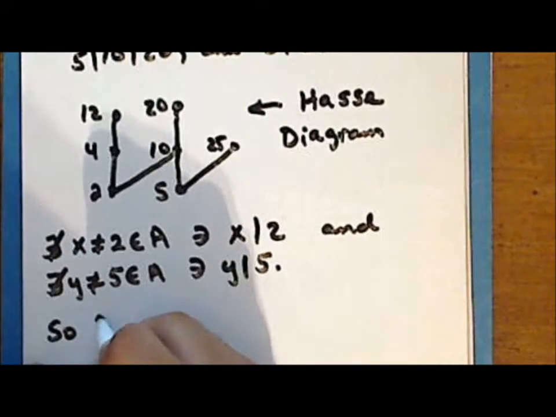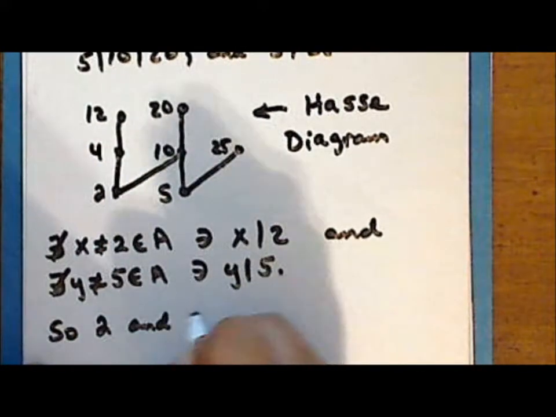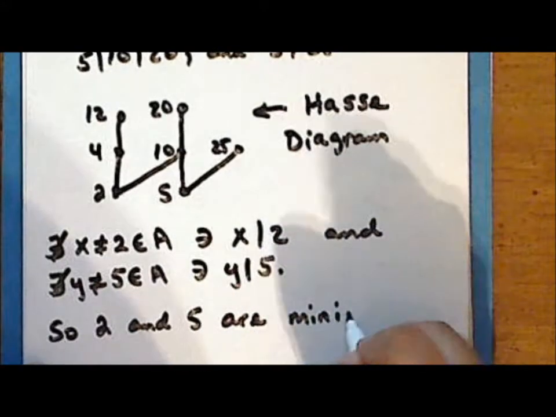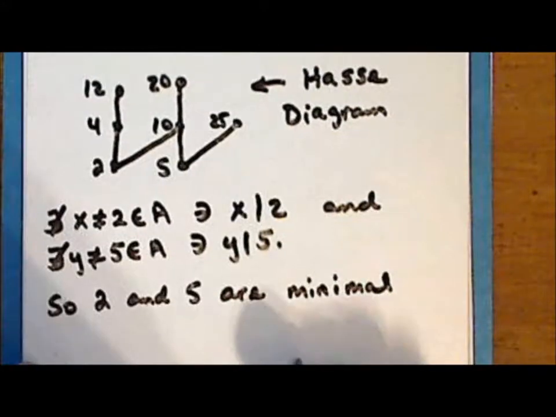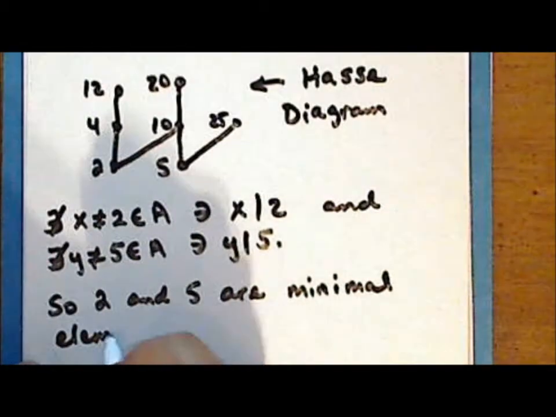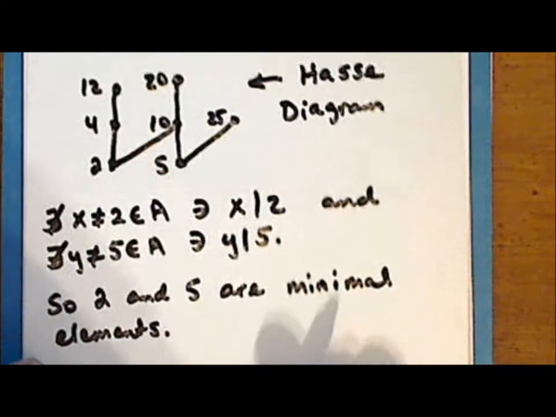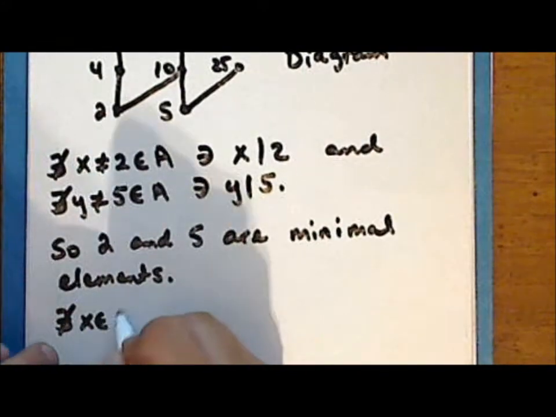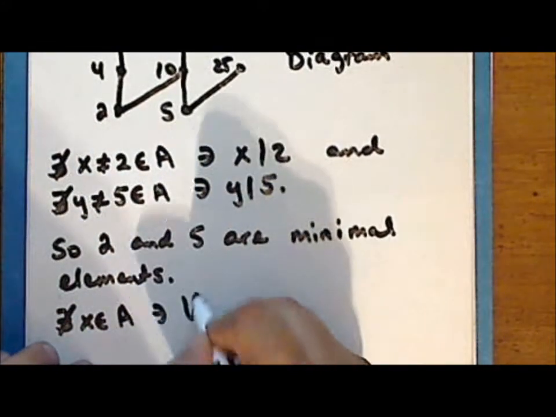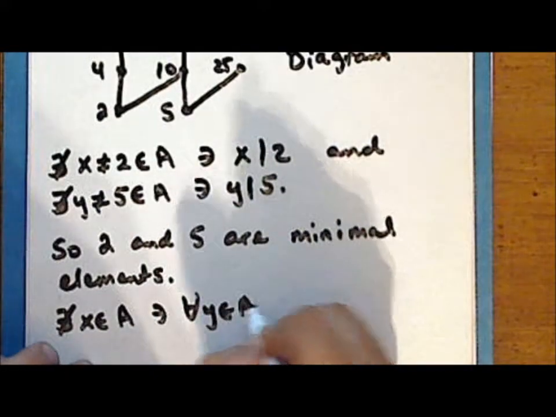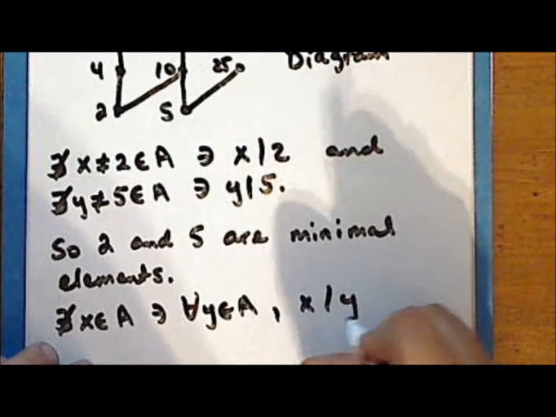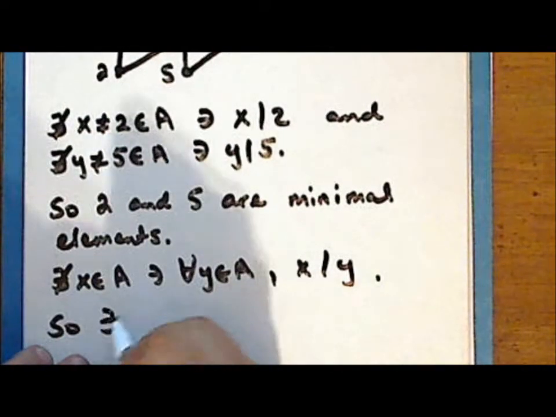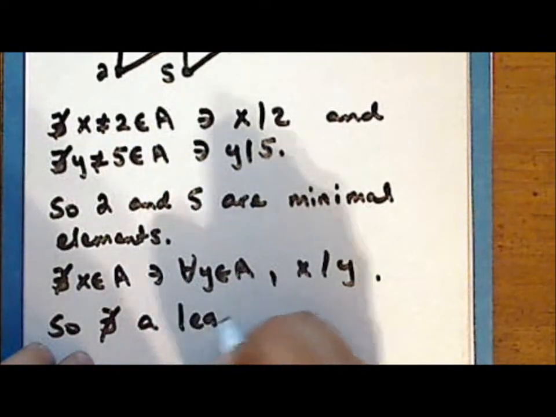And so the numbers 2 and 5 are minimal elements. Now notice that there does not exist a single element x in the set A, such that for every element y in the set A, x divides y. And so there does not exist a least element.